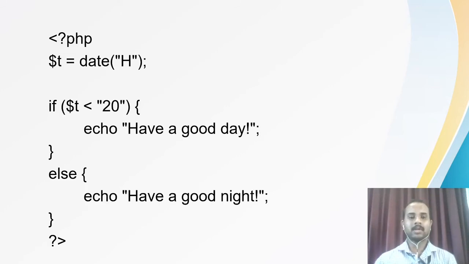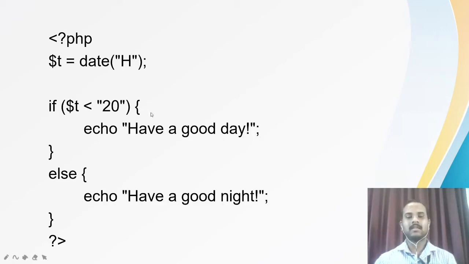Again the same program, but here I have two statement blocks, one for the true case and another for the false case. If the condition is true, I print have a good day.